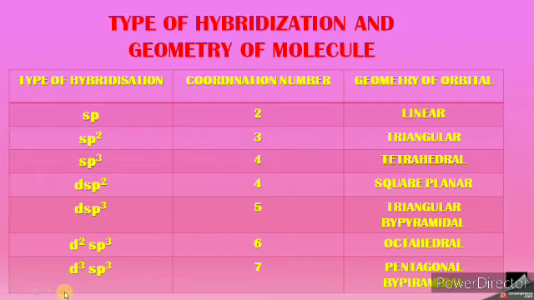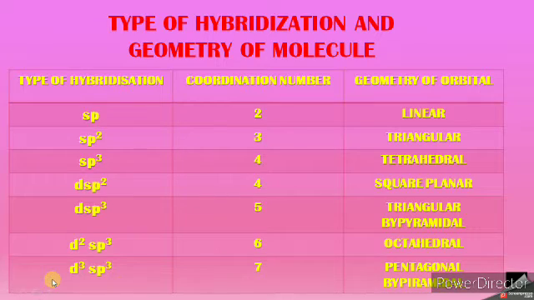And here we can also write sp3d2, that is s, 3p and 2d of outer orbitals also involved, then the coordination number is the same, 6, and the geometry is also octahedral. Then if 3 inner d type orbitals, 1s and 3p outer orbitals are involved, then a total of 7 orbitals are involved, and the geometry is pentagonal bipyramidal.